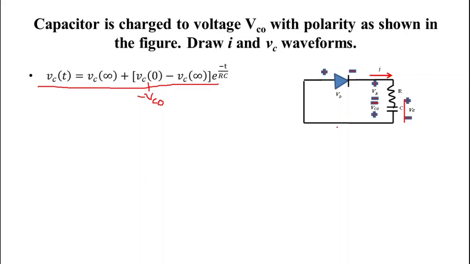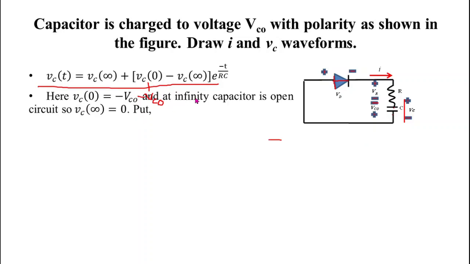And at t equals infinity, what happens? This is positive and this is applied to this diode, so this diode will act as a short circuit. Now at t equals infinity, this capacitor acts as an open circuit. When this capacitor is open circuited, there is zero current in this circuit.